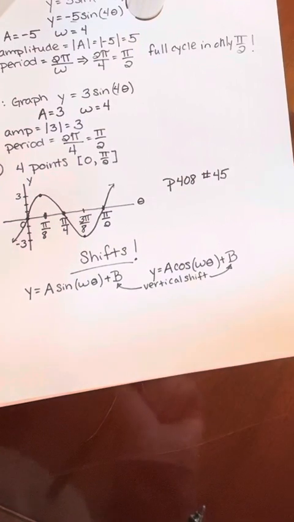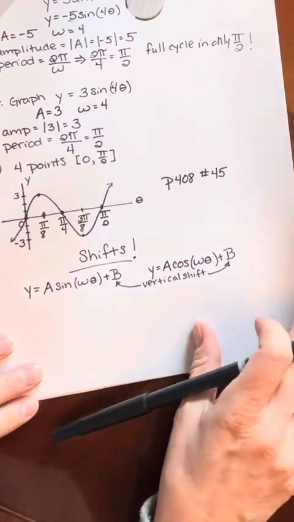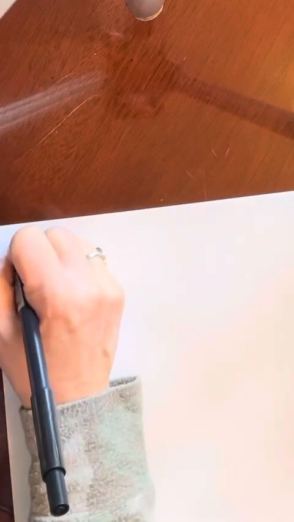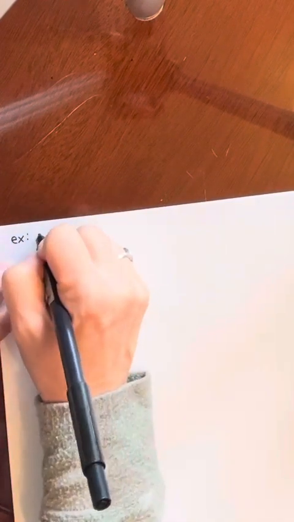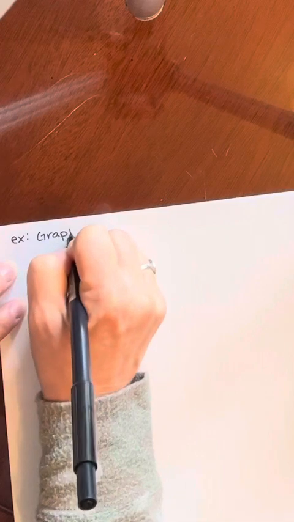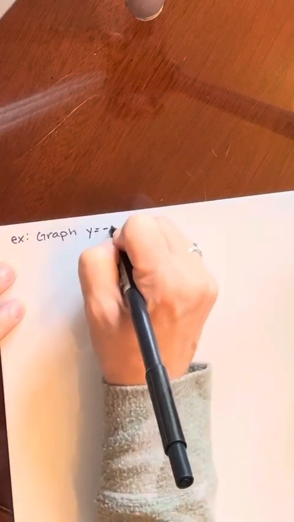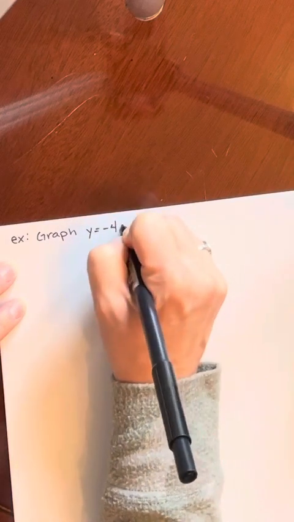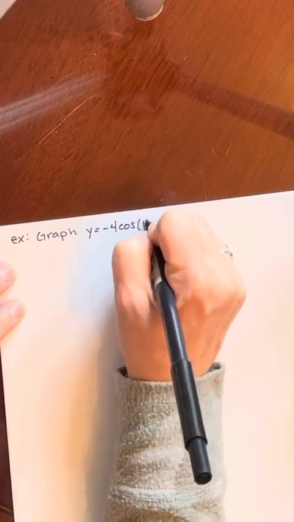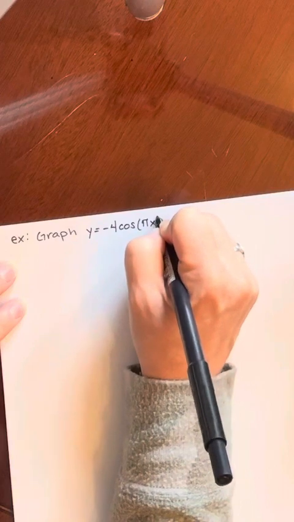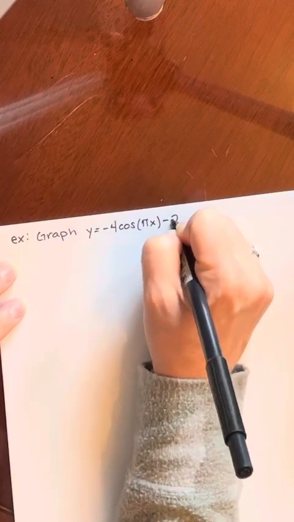Alrighty, so let's go ahead and graph one of these guys. Let's graph y equals -4 cosine pi x minus 2.